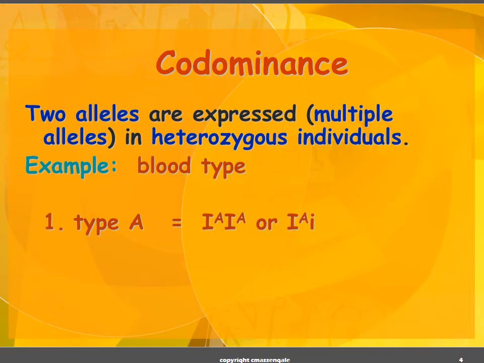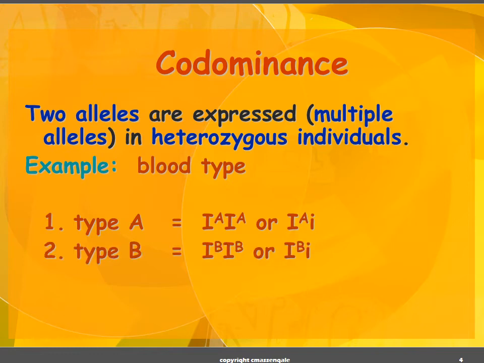So blood type A, which some of you may have, looks like this, either IA IA, or IA and little i. So we have a homozygous A or heterozygous A, right? Okay, so that's how they can be written.